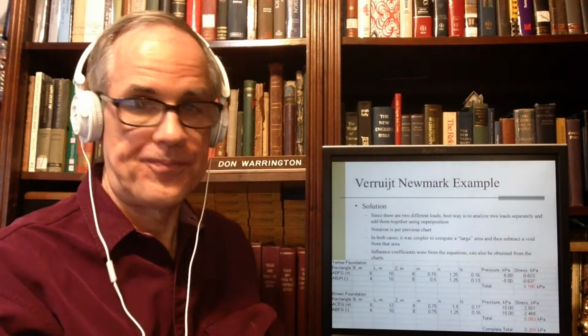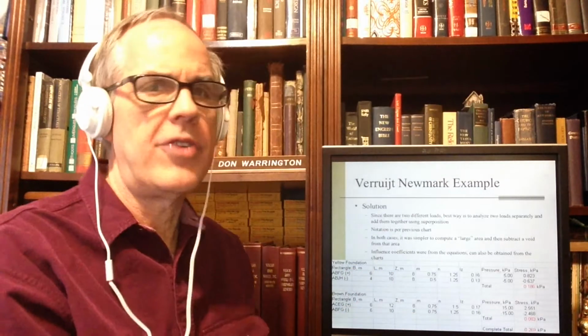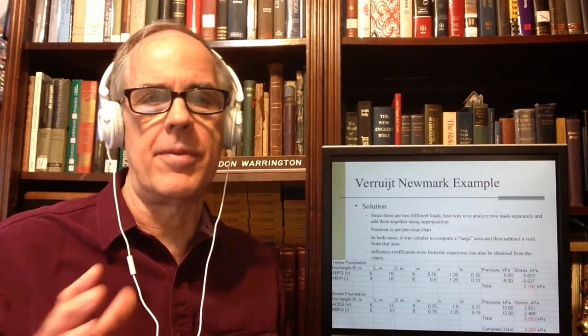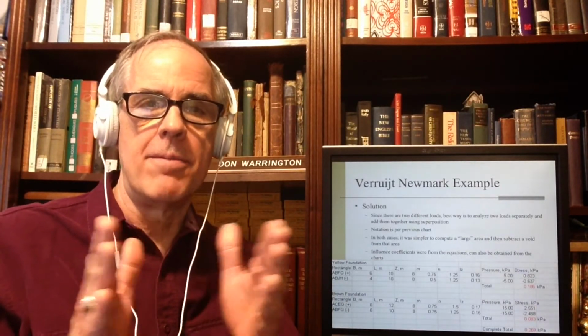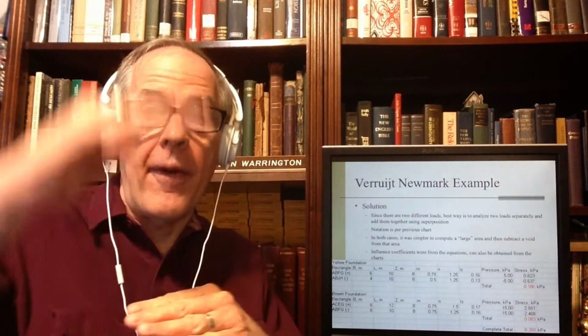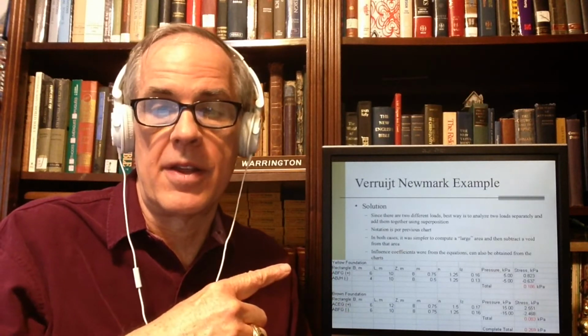First of all, I have B and L, which are my traditional notation we use in American geotechnics, B being the width and L being the length. And sometimes the length and the width are the same. That means you have a square. But that's not the case here.